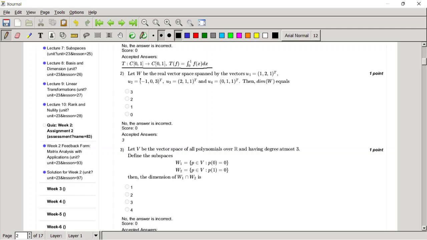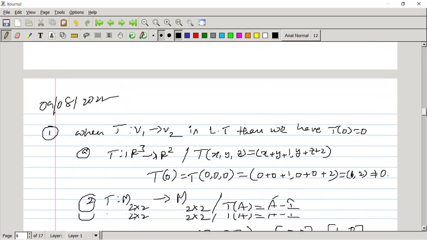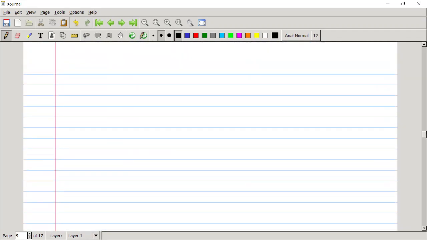The second problem is: given a real vector space W spanned by the vectors u1, u2, u3 and u4, what is the dimension of W? Firstly let's write the combination of given vectors in matrix form. I'll tell you how to solve this problem.